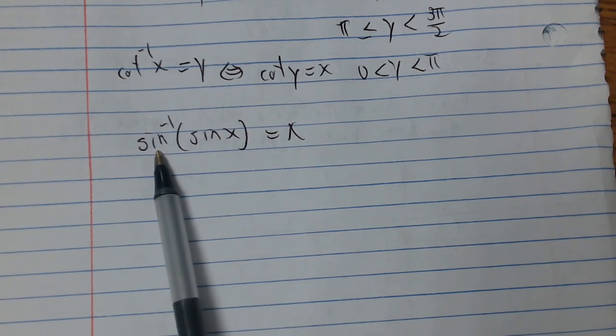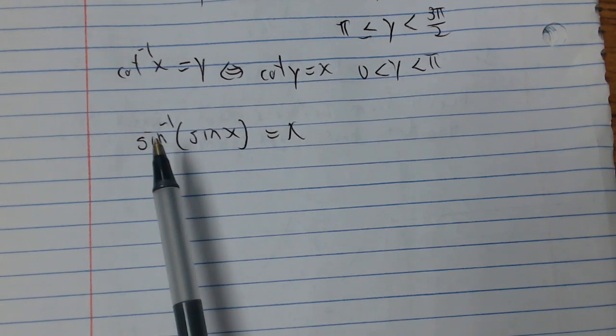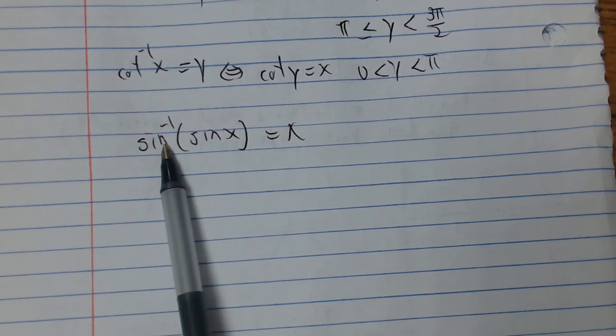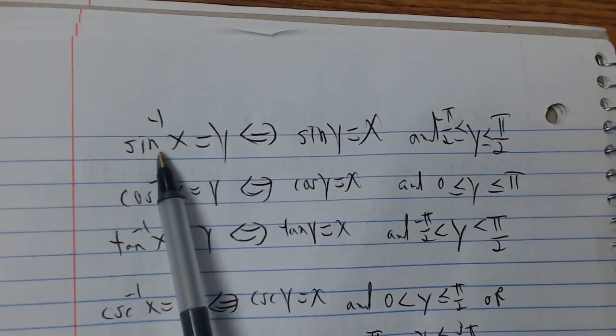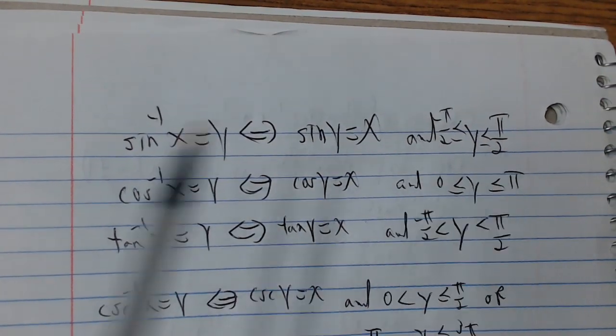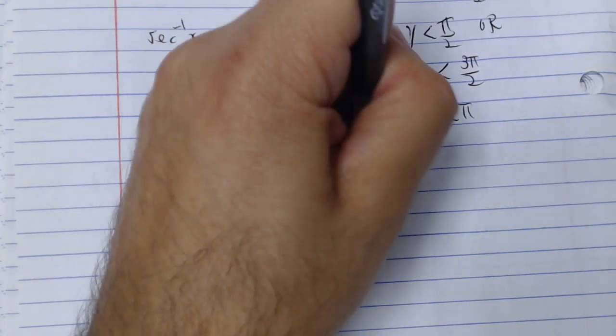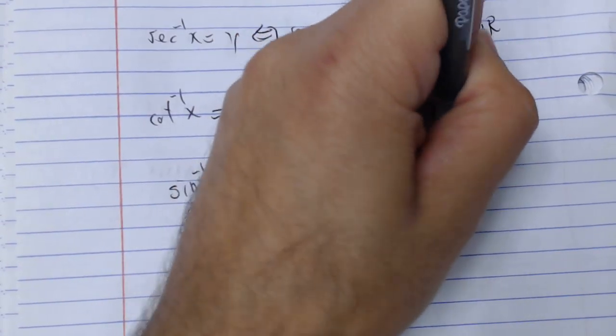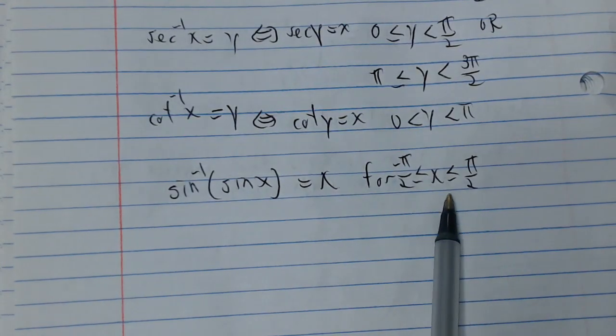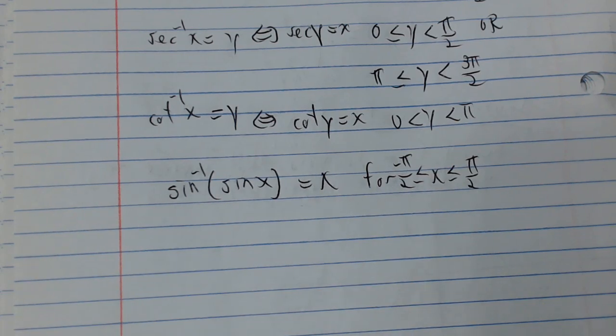Now look, since the inverse is the last operation I perform, it's going to have the same restrictions as sine inverse, which are from where? Negative pi over 2 to pi over 2. So what we need to make sure we state is that x is between negative pi over 2 and pi over 2. Okay, so if x isn't within these restrictions, we need to adjust it so that it is.